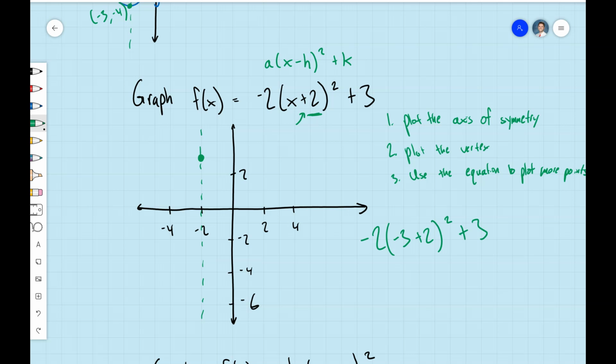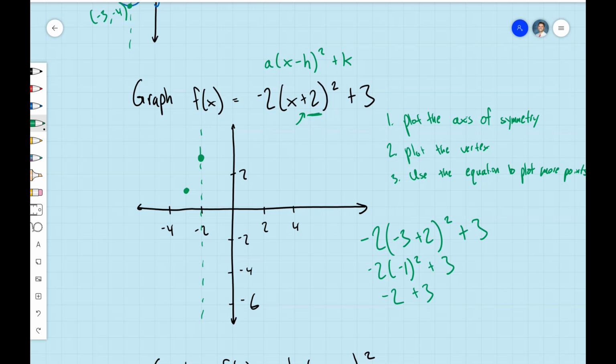Negative 3 plus 2 is negative 1. And negative 1 squared is 1. So we have negative 2 times 1, which is negative 2, plus 3. And we get positive 1. So when x is negative 3, f of x is positive 1. So we can go ahead and graph that point.